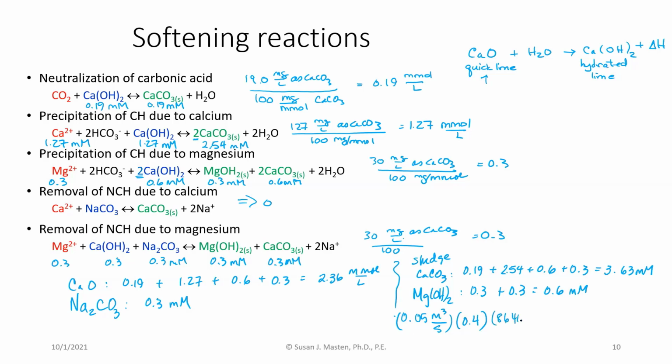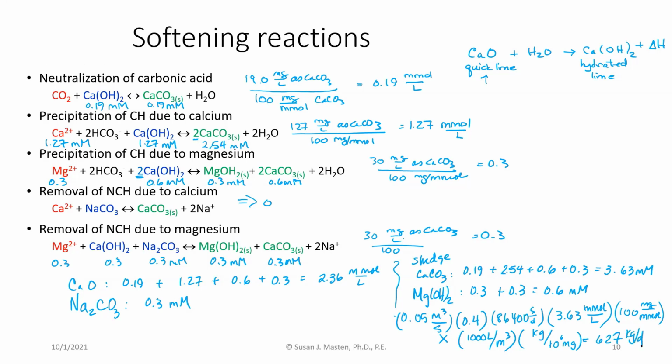I'm going to multiply that by 86,000 seconds per day times the amount of calcium carbonate that we produce times the molar mass times a conversion from liters to meters cubed times a conversion from milligrams to kilograms, and that is equal to 627 kilograms per day.